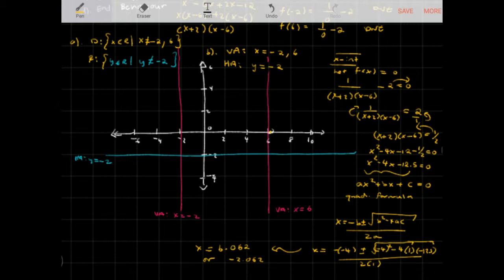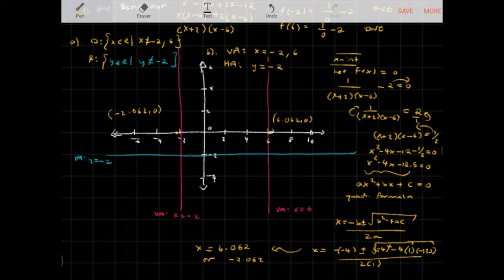This is one of our x-intercepts, and the other intercept is negative 2.062. So it's going to be to the left of the vertical asymptote, right? So we'll call these 6.062 and 0, and negative 2.062 and 0. Okay, so we have those points.